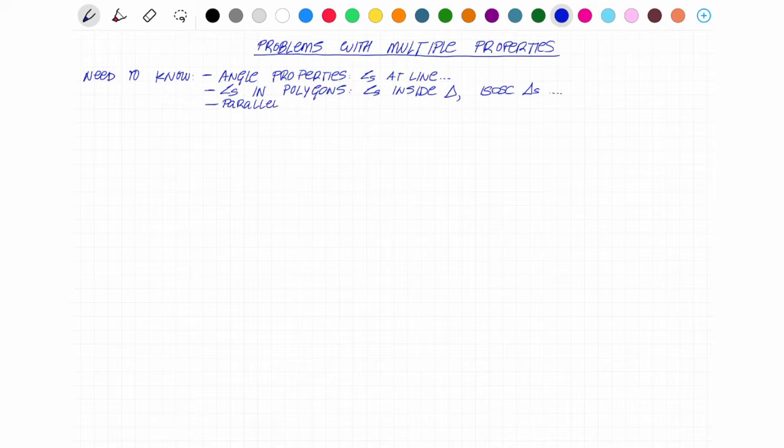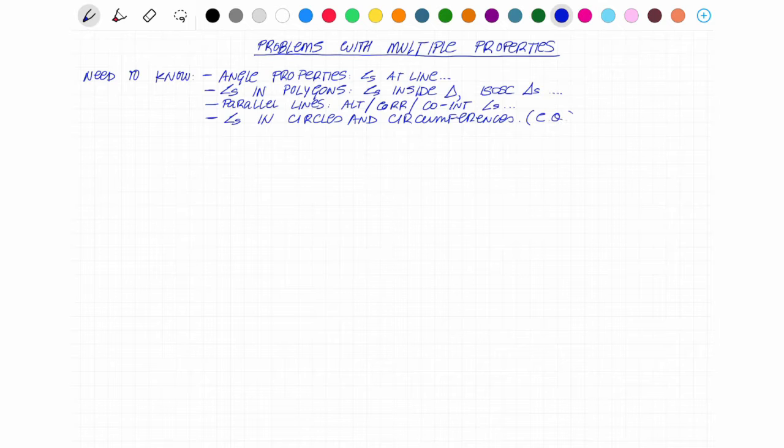Now, the properties of angles in parallel lines. So remember, you only have three options, either alternate or corresponding or co-interior angles, and you need to know the properties of all that. And then angles in circles and circumferences, and that includes, of course, cyclical quadrilaterals, and all of the ones.